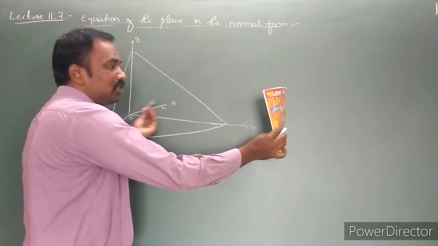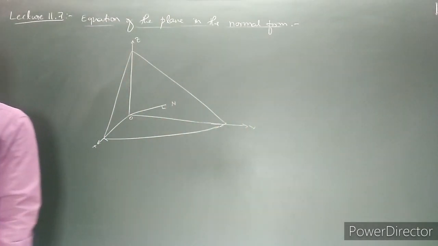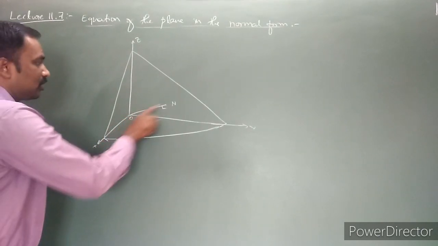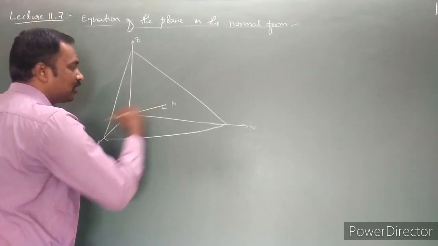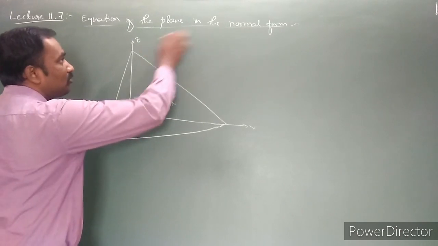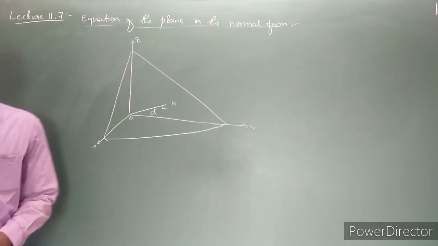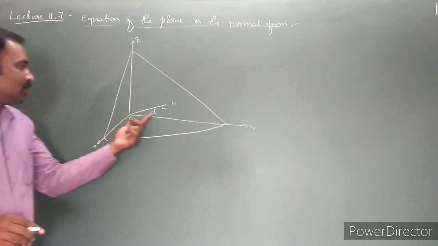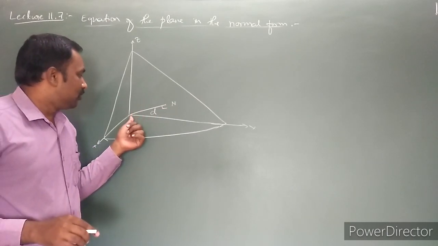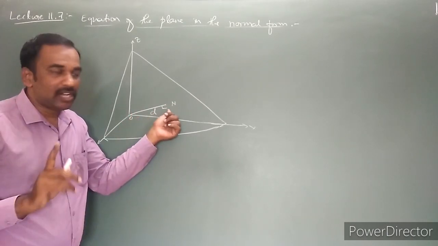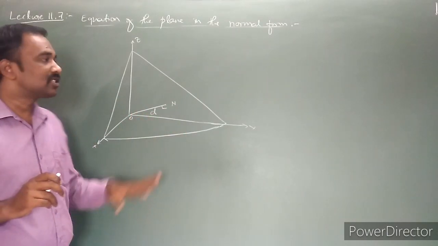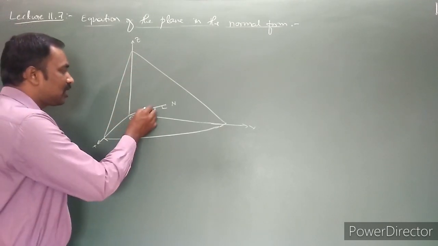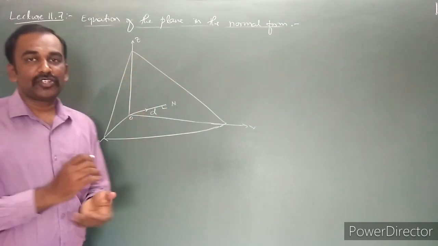And normal form is nothing but that the distance is already given. So what is given? Origin to the plane, a normal is there, and its distance is given. Using this, I need to find the equation of the plane.